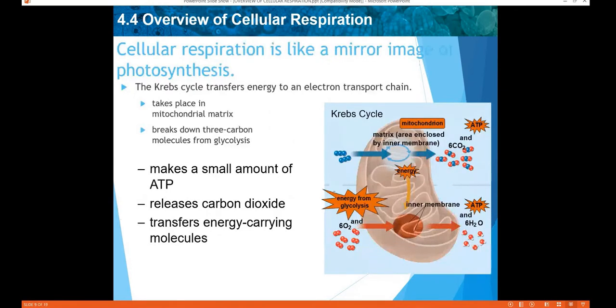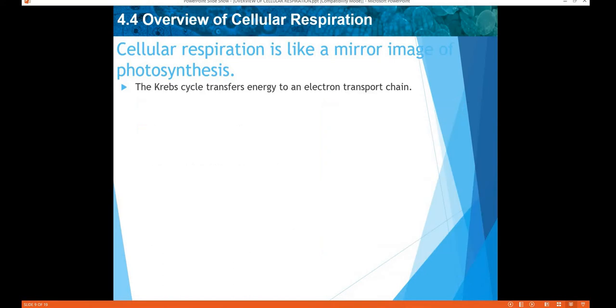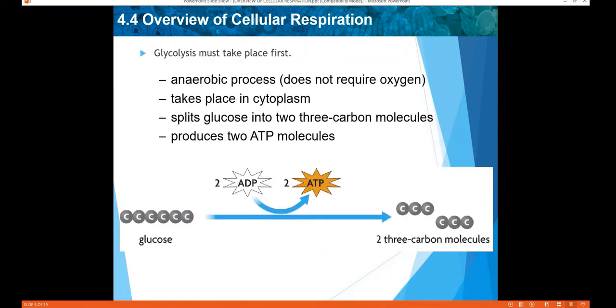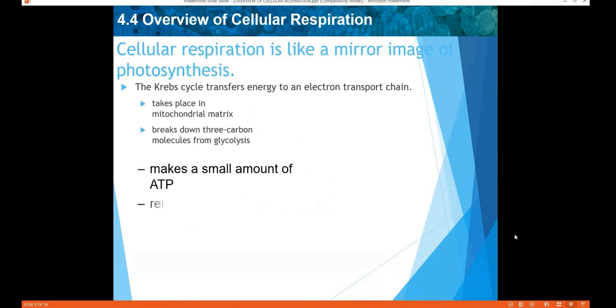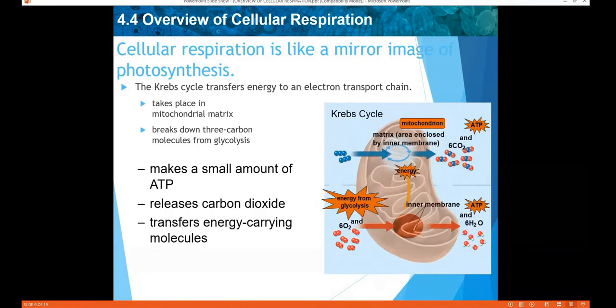Okay, so the 3 carbon molecules from glycolysis, you know how they are released from glycolysis. We just now studied that during glycolysis, each 6 carbon sugar is broken down into 2 3 carbon molecules. Now these 3 carbon molecules formed from glycolysis are broken down in a cycle of chemical reactions. That means they are further broken down.